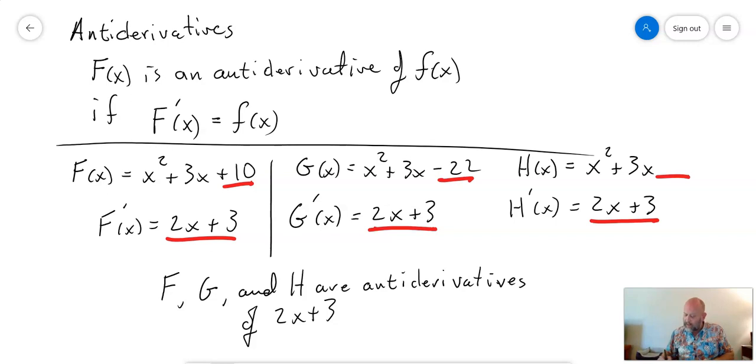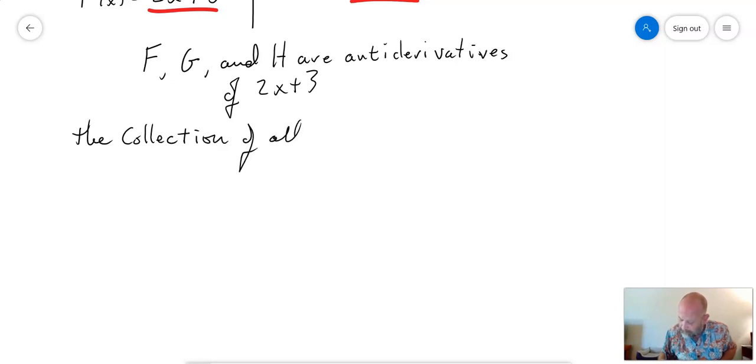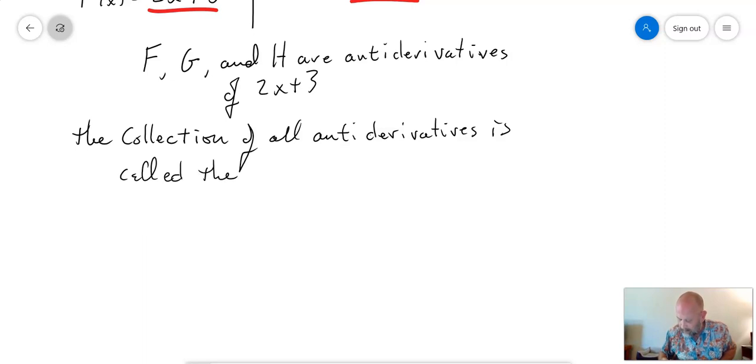And so what we end up doing when we start talking about the general antiderivative, the one that accounts for that missing constant, because any constant term in any derivative is going to go to 0 when you take that derivative, is we look at the collection of all antiderivatives, which is called the indefinite integral.